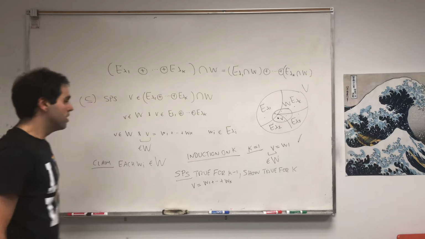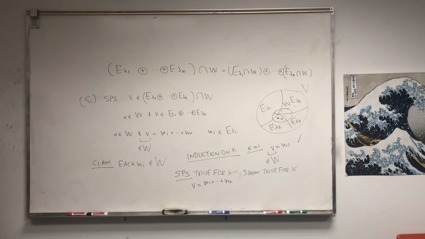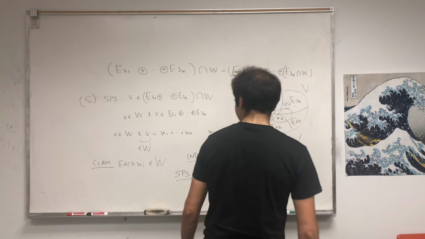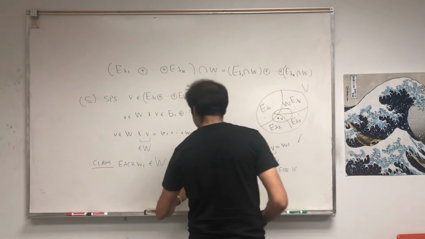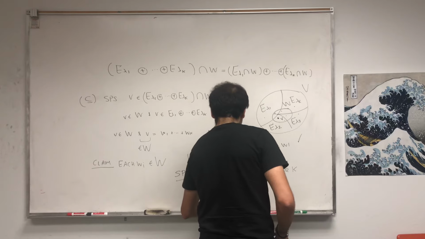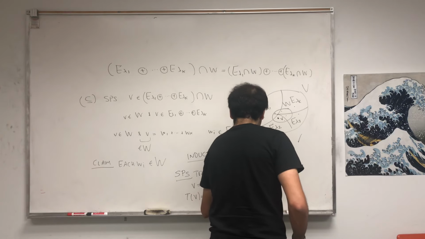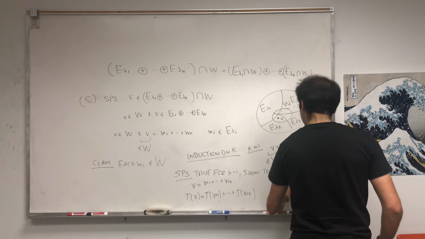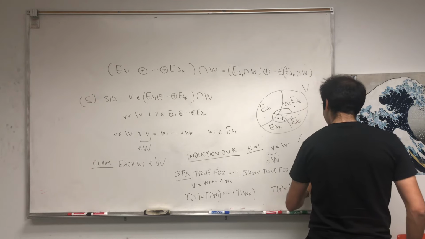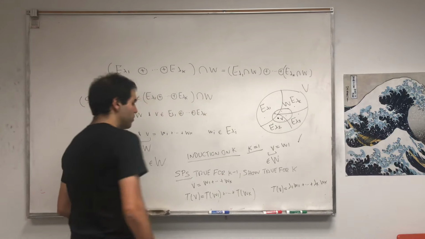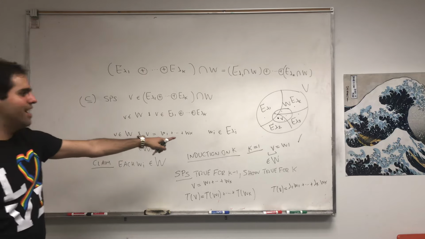And actually the proof is very similar to the fact that eigenvectors corresponding to different eigenvalues are linearly independent. So let's apply T to it. T of V is then T of W1 plus dot dot dot plus T of Wk. And then T of V is lambda 1 W1 plus dot dot dot plus lambda k Wk, because remember, those vectors are still in the eigenspaces.